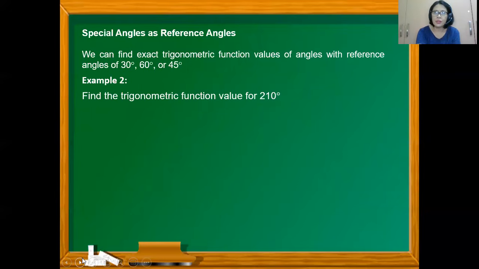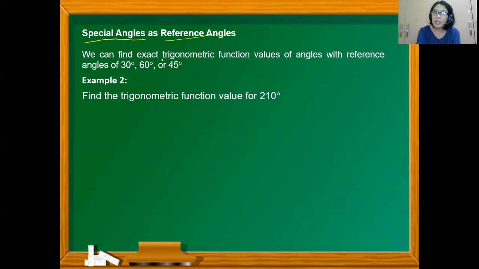Okay, so now we're going to make use of the special angles which I have discussed to you last time, and the lecture video is also on my YouTube channel for your reference. So we're going to make use this time of special angles as reference angles for us to come up with an exact trigonometric function value of non-acute angles.